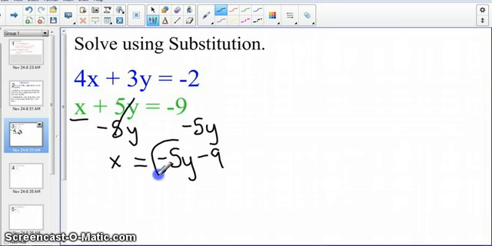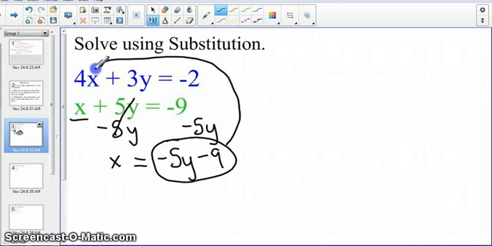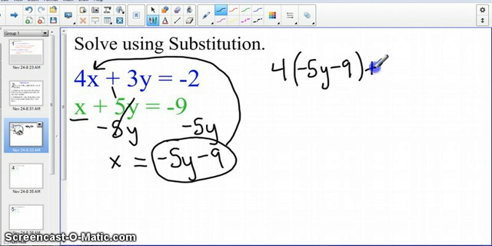What we're going to do is we're going to take what it equals, which is negative 5y minus 9, and we're going to plug that in to the other equation for x. So, alright, 4, then instead of x, I'm plugging in negative 5y minus 9. Then I just write the positive 3y equals negative 2, because I'm going to solve now for y.